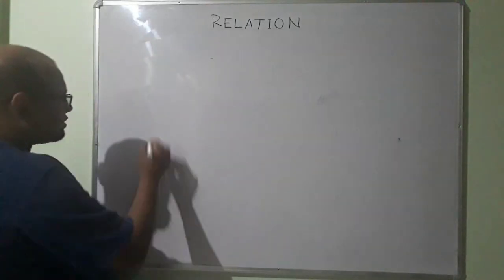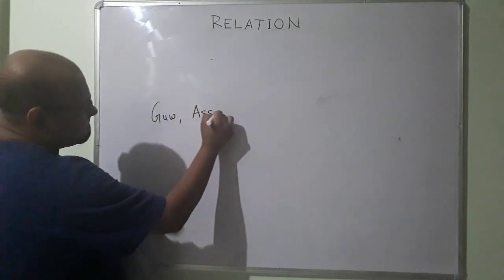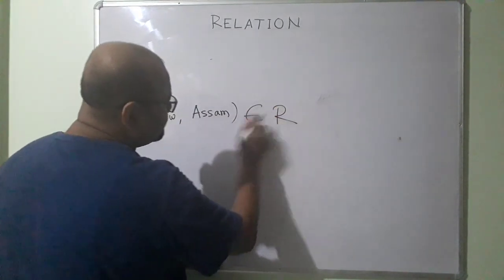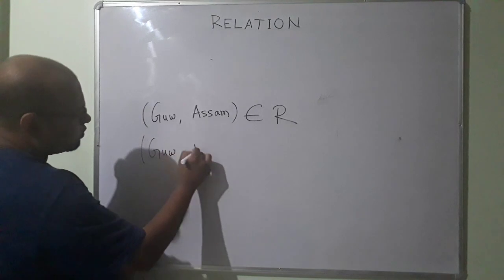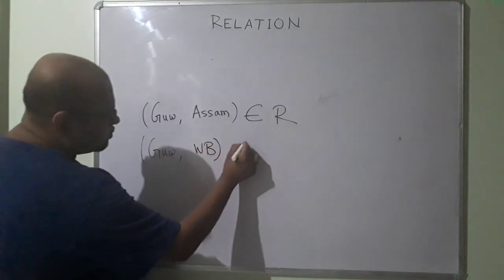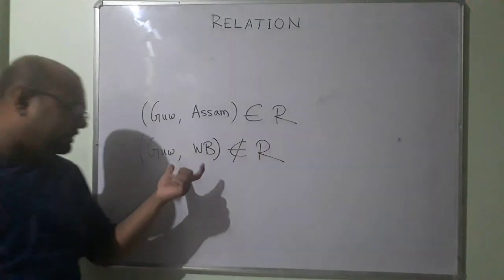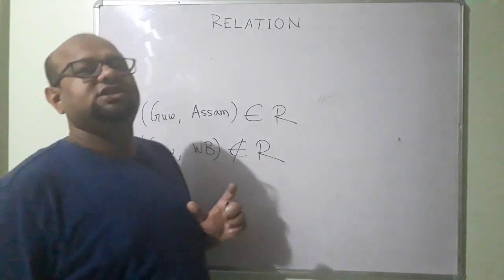So what would that mean? That would mean that Guwahati, Assam would belong to this relation. I am calling it R, so it would belong to this relation R. But Guwahati, West Bengal would not belong to this relation R. Alright. So this ordered pair would be there in my Cartesian product.